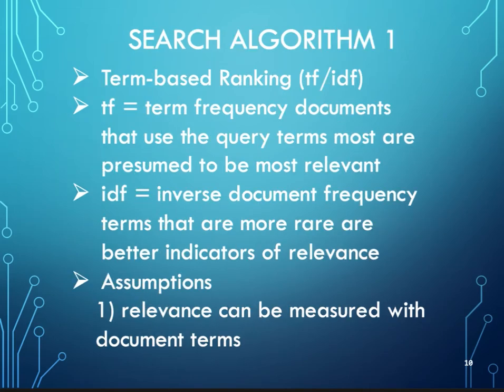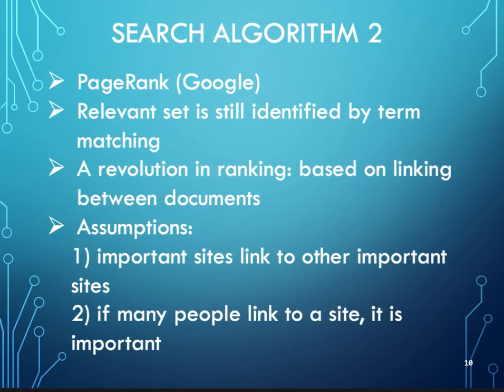Algorithm: as the formula states, term-based ranking, TF, term frequency, is divided by inverse document frequency. So the assumption could be relevance of document terms. Algorithm 2, PageRank, is quite commonly used, found in Google.